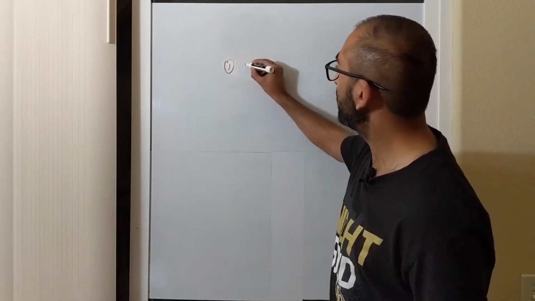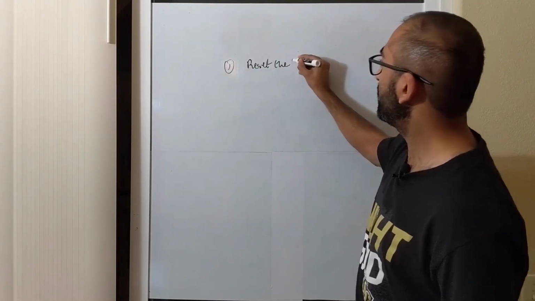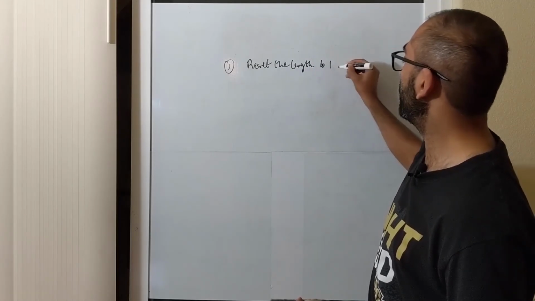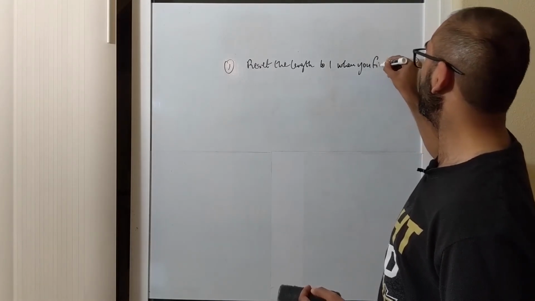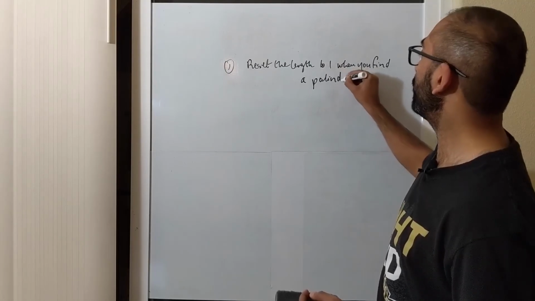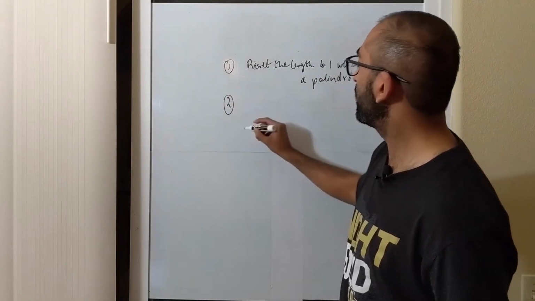That's the first thing: reset the length to 1 when you find a palindrome.